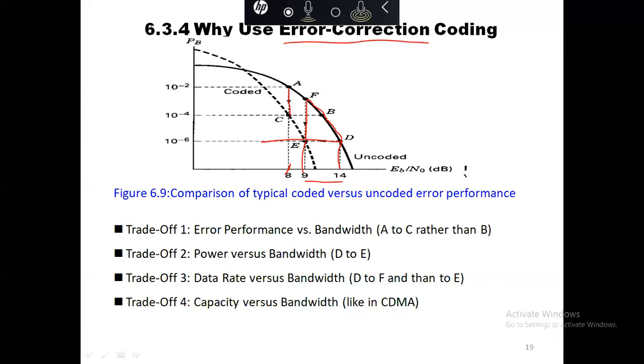And also there is a trade-off between capacity versus bandwidth. So this is the case.